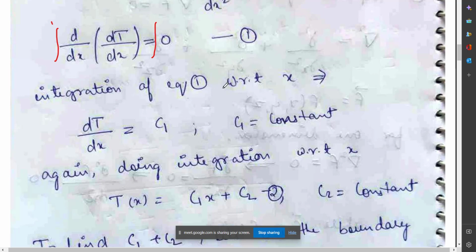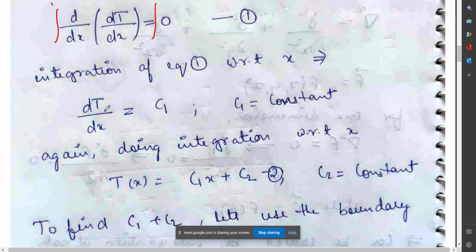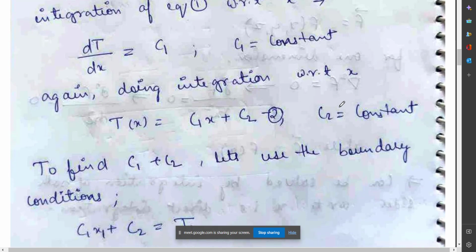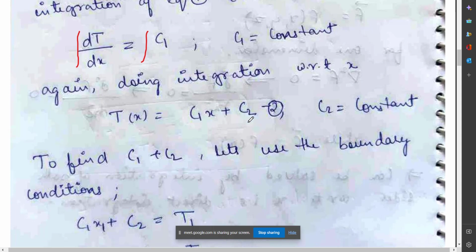Integration of equation 1 with respect to x will be dT by dx, and integration of 0 with respect to x will be c1. C1 here is a constant, isn't it? Then again let's integrate this equation with respect to x. Then it will become T(x) is equal to c1 x plus c2. Again c2 here is a constant.